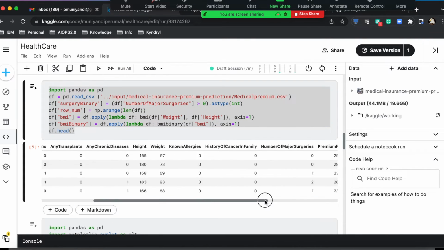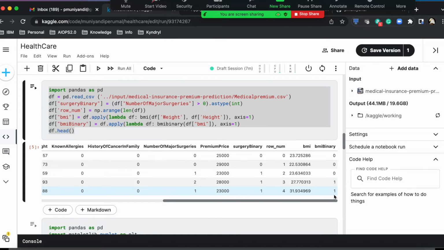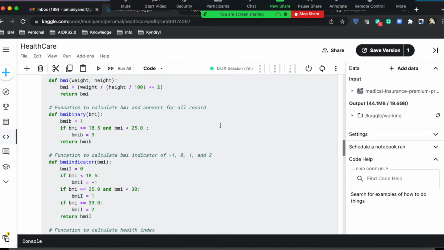See, now I get one more column called BMI binary. See, 1, 1. So if it is not a normal weight, it becomes a negative. I mean he has actually some problem. So I'm converting it as a 1.